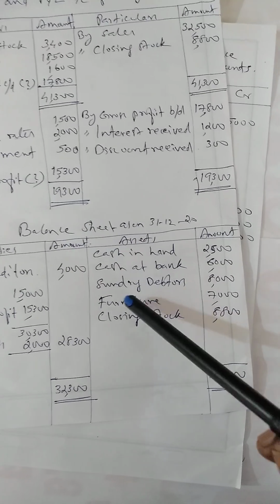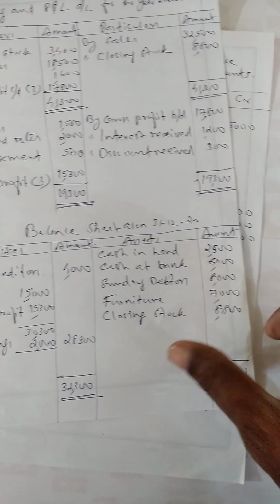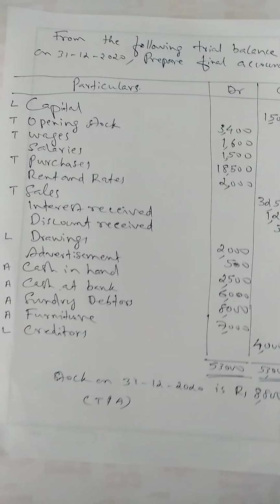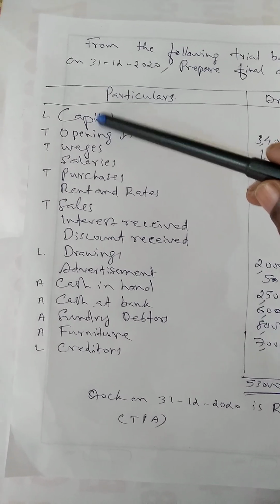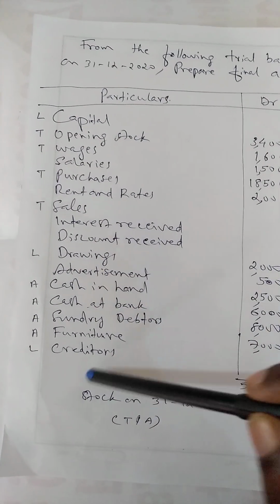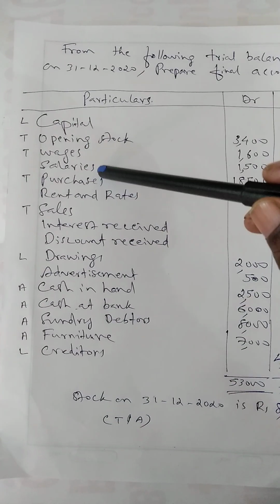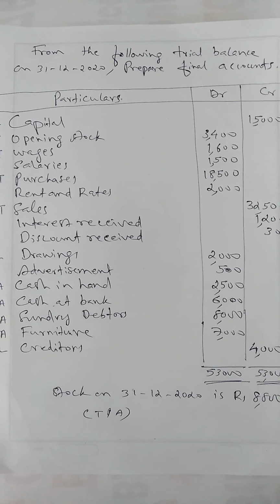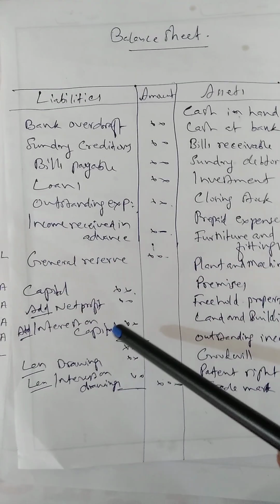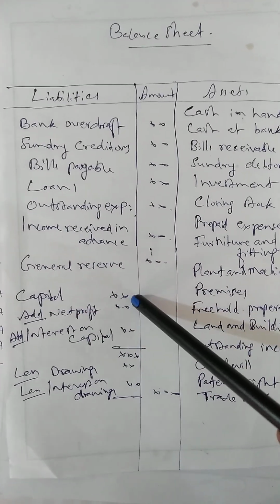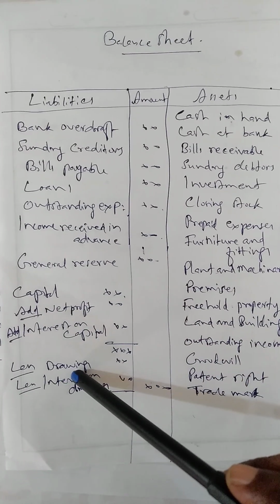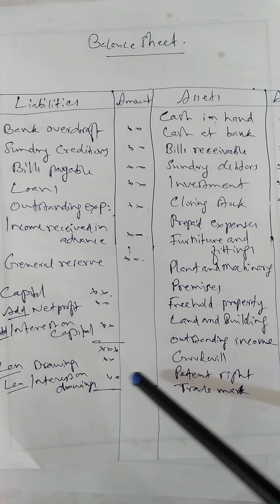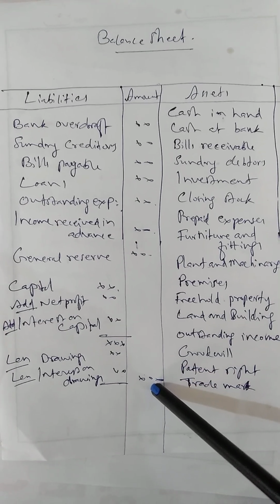Okay, and the L marked items means the capital, then drawings, then creditors, isn't it? The capital and the drawings are written as explained in the format. You should take the capital first, then net profit should be added, then drawings should be deducted, thereafter the amount is to be shown on the outer column.